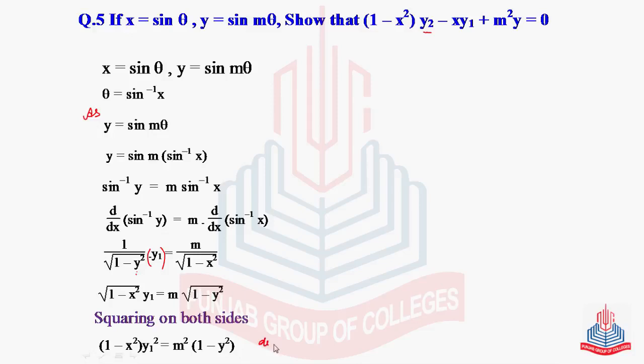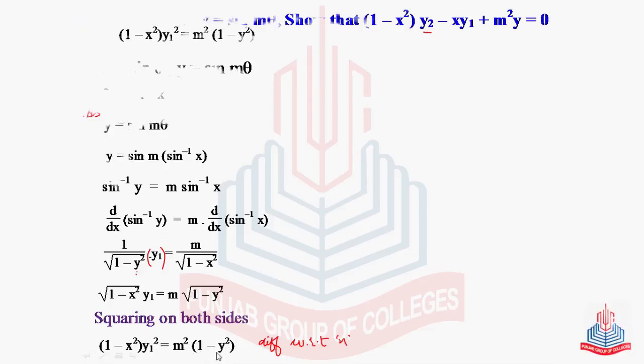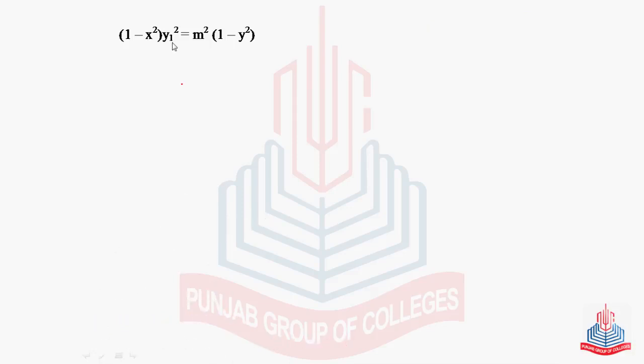So we apply differentiation with respect to x. This one is actually a product of two terms, 1 minus x square and y1 square, and on the other side it is a constant term multiplying the variable 1 minus y square. We have 1 minus x square, y1 square is equal to m square 1 minus y square. Now again differentiate with respect to x.